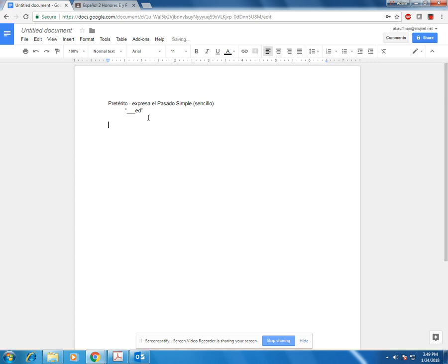All right, on to the Spanish. There is a set of endings for AR verbs. And there's also a set of endings for ER and IR verbs. And I'll just run you through them. Oh darn, this is going to auto-capitalize. That's all right.